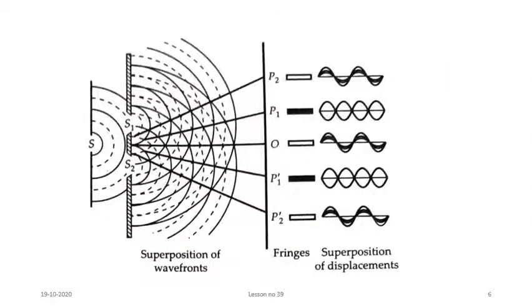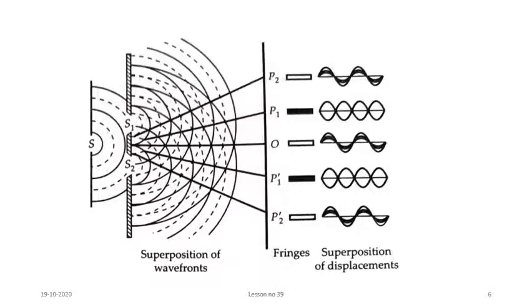Now your source is a monochromatic source, which gives out monochromatic light. The light from the source S falls on the slits S1 and S2 simultaneously.